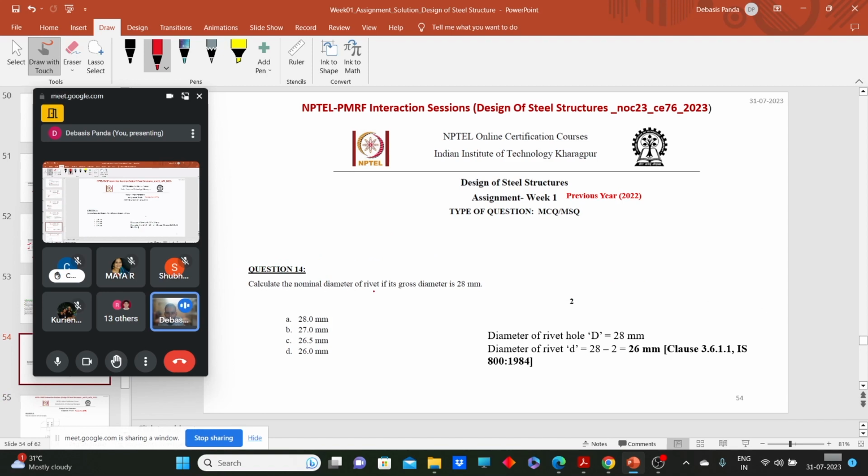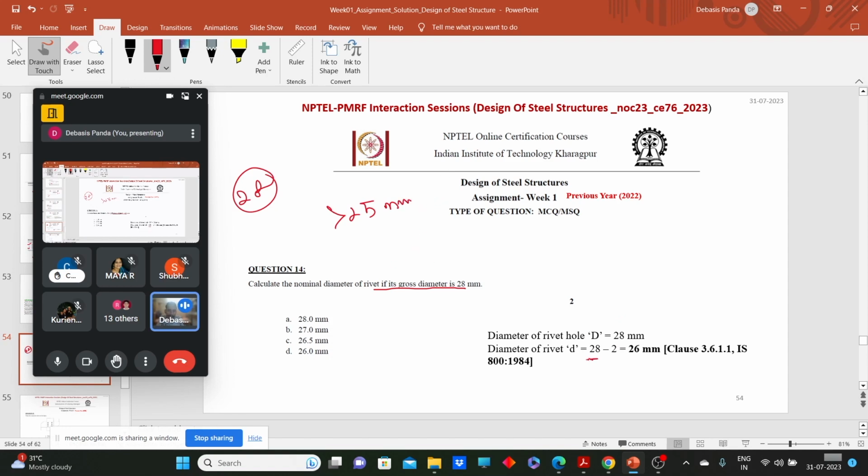Now calculate the nominal diameter of rivet. The gross diameter is 28 mm. Gross diameter, they said it. Gross diameter is 28 mm. And gross diameter of rivet is called the diameter of hole. So what is said? Greater than 25 mm of rivets. I have added this slide. You can go through it. The clearances should be 2 mm.